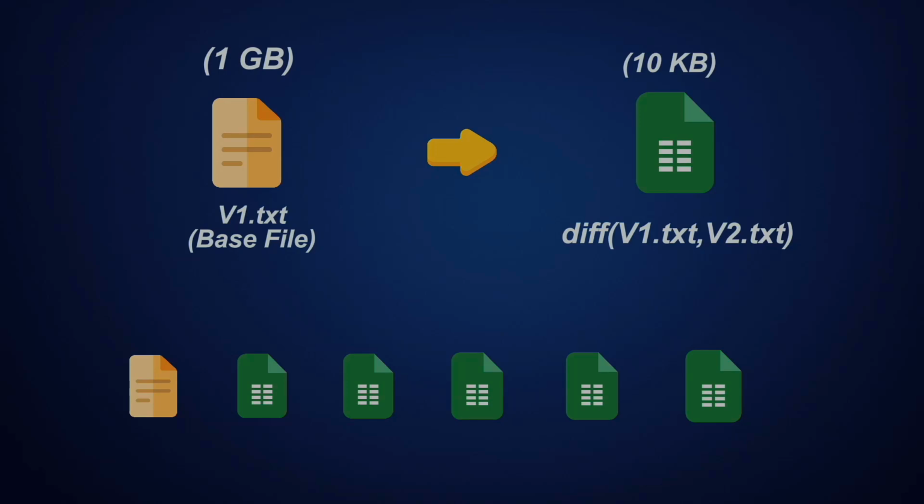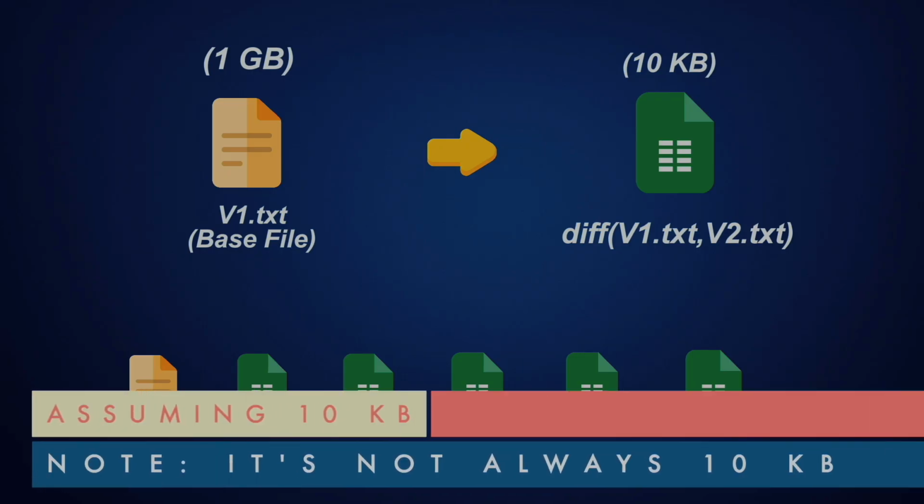Now when we calculate the disk space, let's say our first base file is 1 GB, and every time we make a change of, let's say, 10 KB. I just want to tell you guys, it's not always 10 KB. I am just assuming it for my calculation. In different cases it will be different, right?